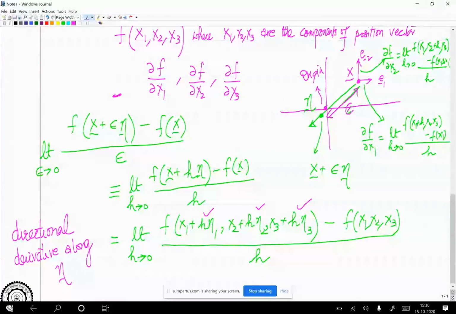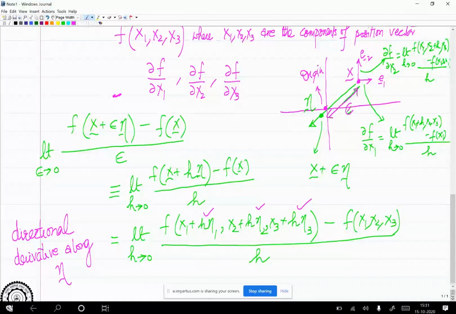Eta is a direction. Sir, that is a multiplication of increment and the direction? No, eta is simply a direction. The increment is epsilon into eta or h into eta.